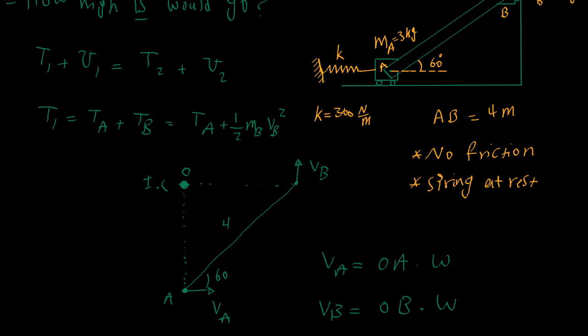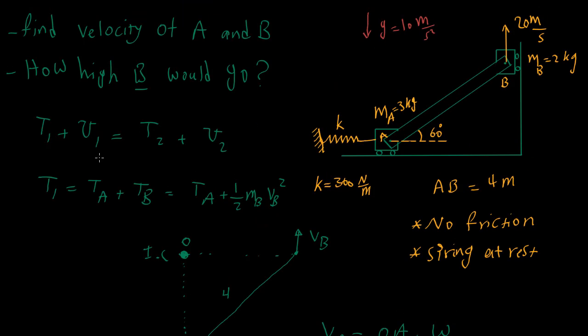So here U1 also has two components, one for A, one for B, and for both of them has two components again, one for spring, one for gravity. Because this slider A is just moving in the horizontal direction, it has really only the spring potential energy.